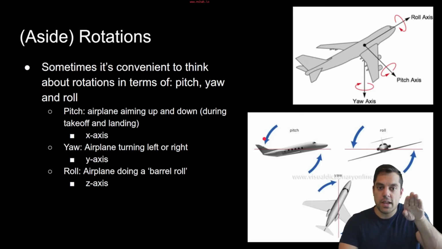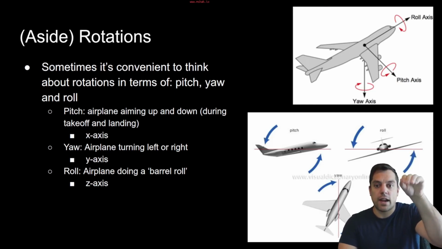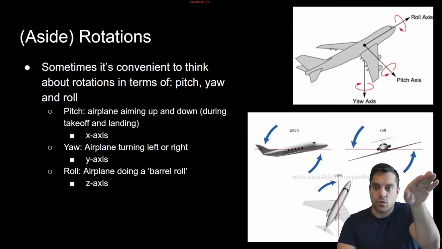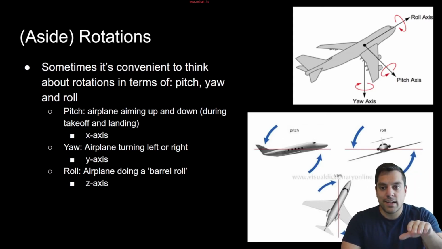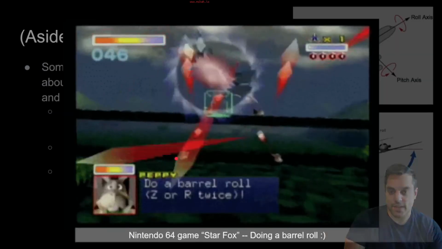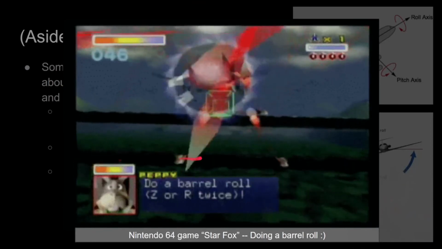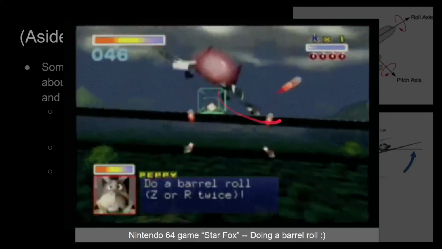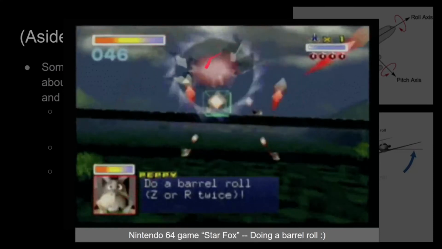You're going for a takeoff and it's rising. But while the airplane's mid-flight, turning left or right, that's the yaw. And then hopefully you're never on an airplane where you do a barrel roll, but that would be essentially rotating about the z-axis. Anyway, so here's an airplane from a game, Star Fox, doing a barrel roll. Hopefully you never do that in an airplane.